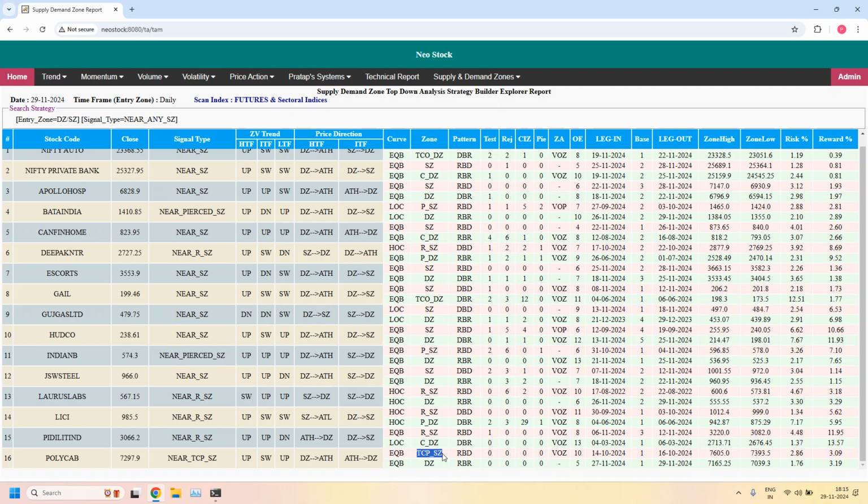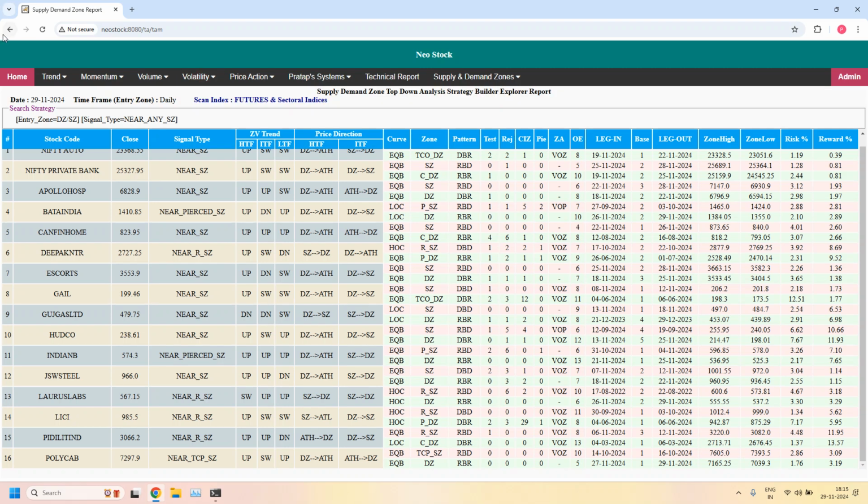So total 4 high liquidity supply zones we identified. One is Laurus Labs, another one is LIC, third one is Pidilite, and fourth one is Polycab. So we have identified 4 valid high liquidity daily supply zones from this list.